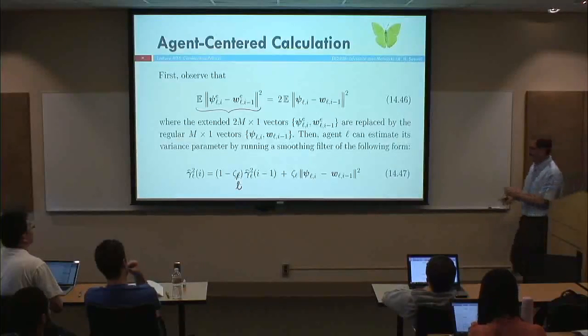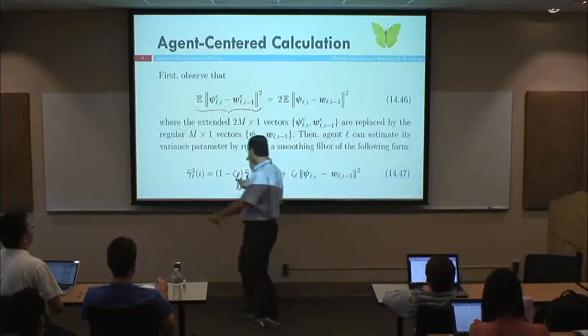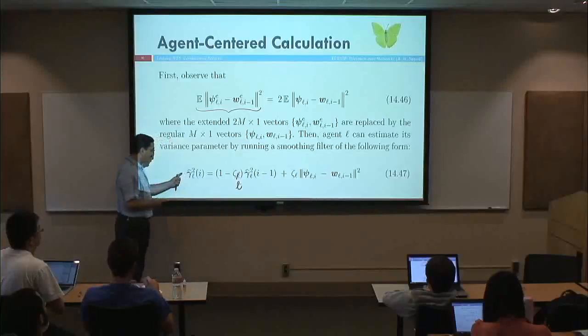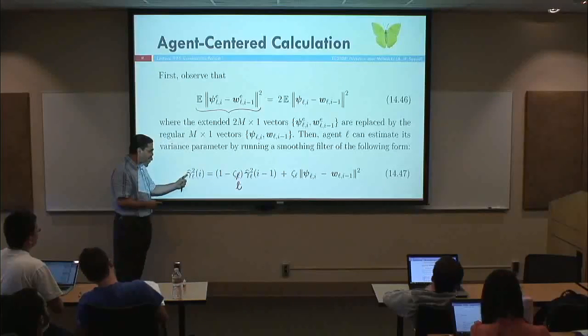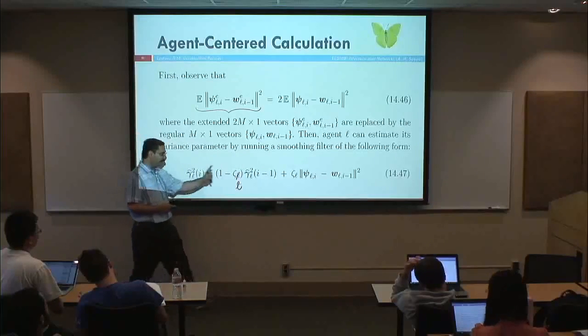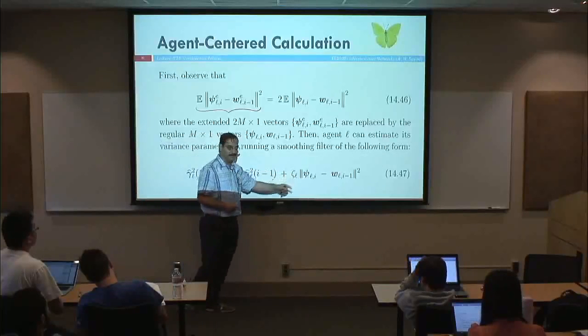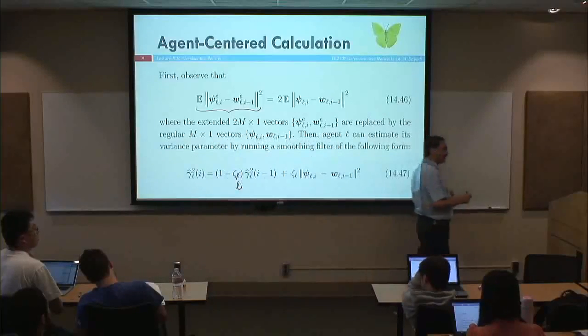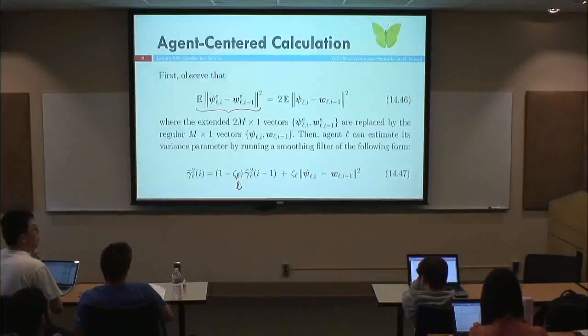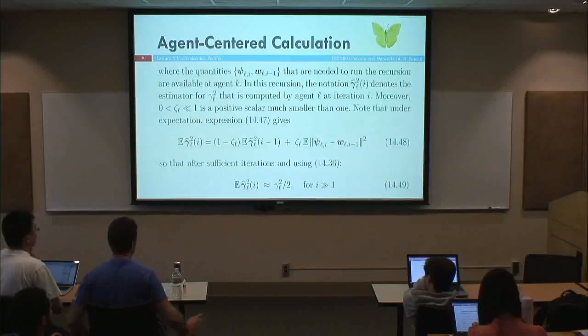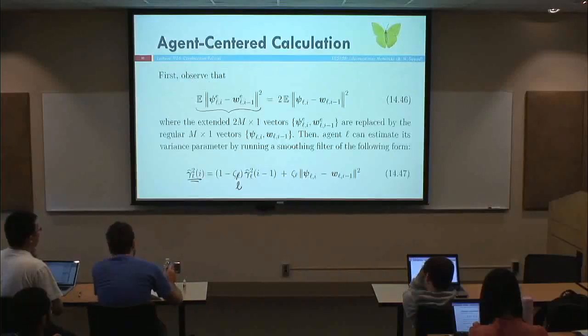Correct? Okay. When you group these two terms together, under expectation, you will get the expected value of gamma squared times the zeta L. That zeta L cancels this zeta L, right? So you see that in steady state, the expected value of this quantity here will go to the expected value of this, correct?